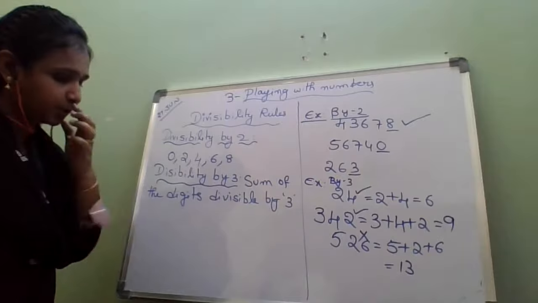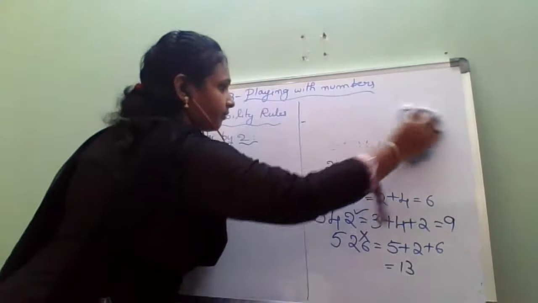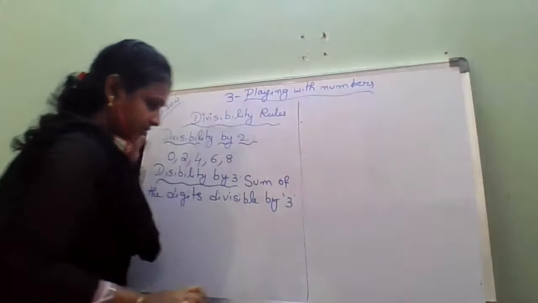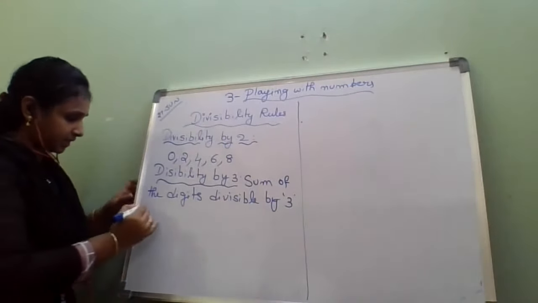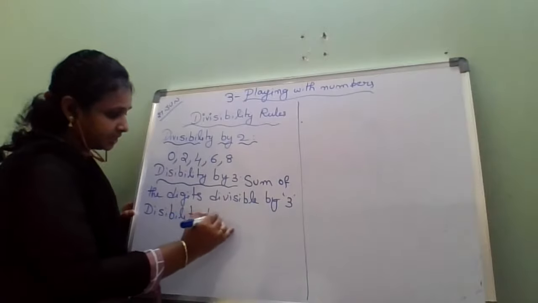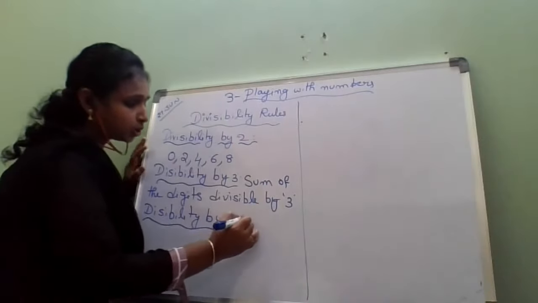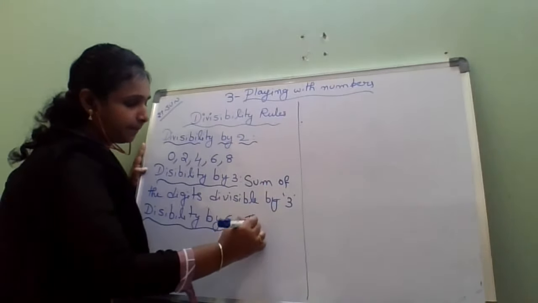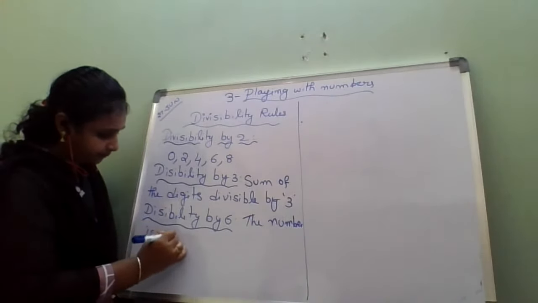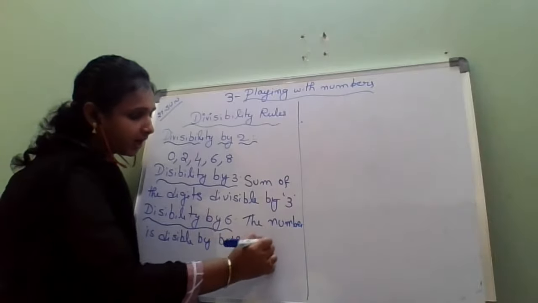Now we will check divisibility by 6. See, divisibility by 6 means the number is divisible by both 2 and 3.